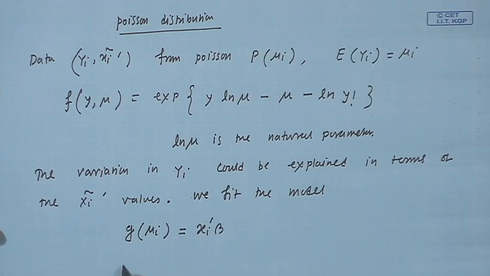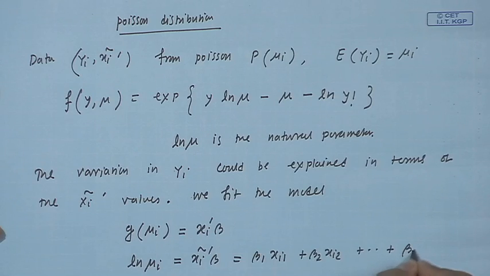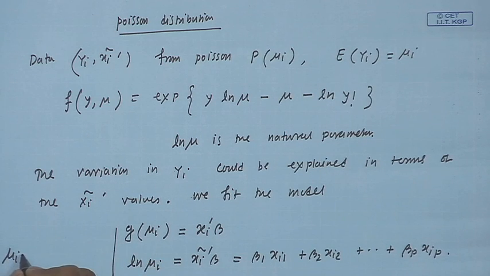So, the model we fit is ln mu_i equal to x_i prime beta, which is equal to beta 1 x_i1 plus beta 2 x_i2 plus up to beta p x_ip. Okay. And finally, you can write this as mu_i equal to exponential of x_i prime beta.